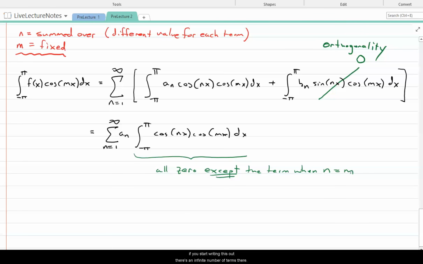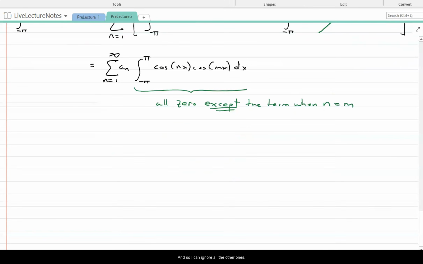If you start writing this out, there's an infinite number of terms, but there's only one where the summed variable n matches the fixed variable m. So out of all of those infinite terms, only one of them is non-zero, and I can ignore all the other ones.